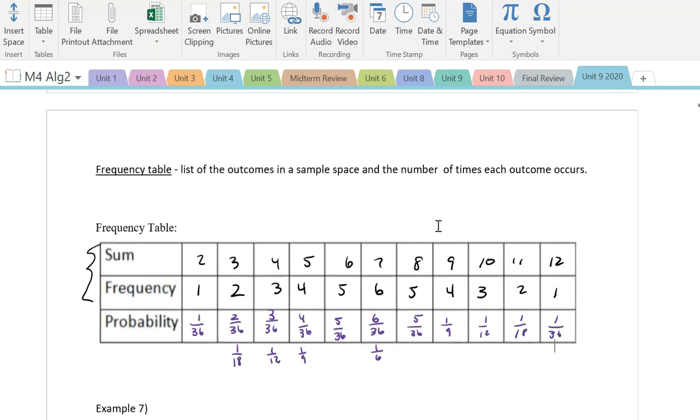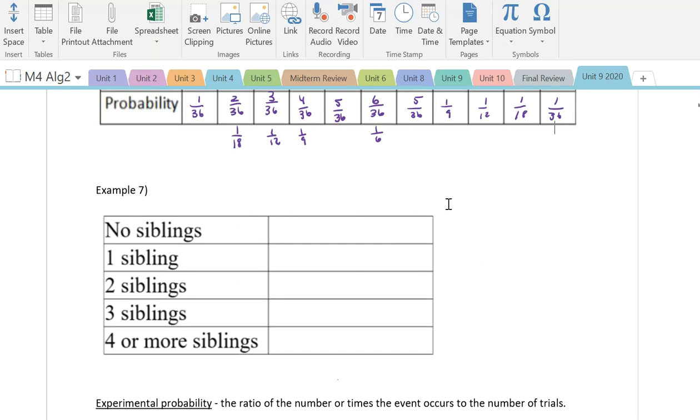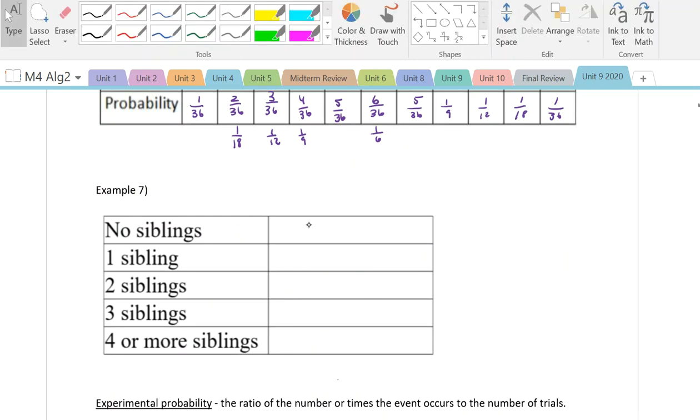So, all right, so unfortunately I forgot to ask you for data. So I'm going to say that I sampled a bunch of people at the school and found that of the people I sampled, 2 people had no siblings, 3 people had 1 sibling, 4 people had 2 siblings, 2 people had 3 siblings, and 1 person had 4 or more siblings.